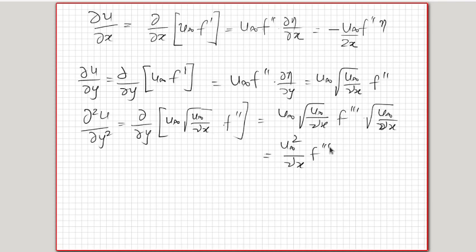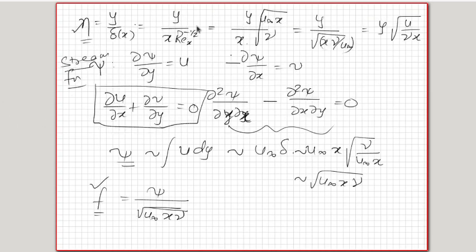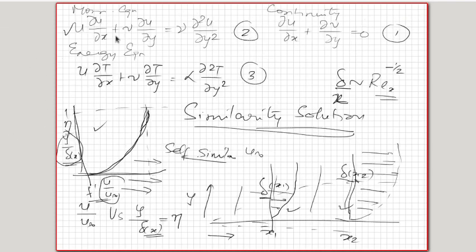So now if I substitute all of this into the original governing equation, so the original governing equation is u ∂u/∂x plus v ∂u/∂y is equal to ν ∂²u/∂y².